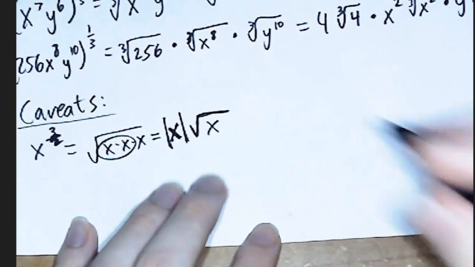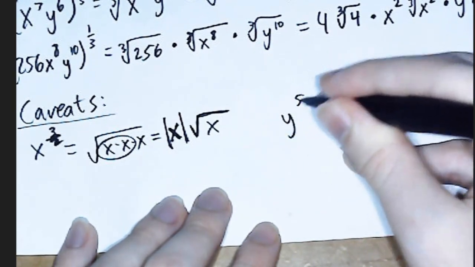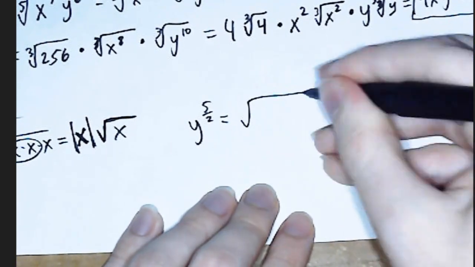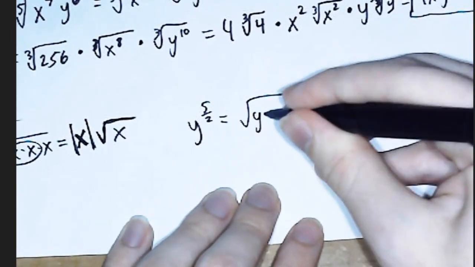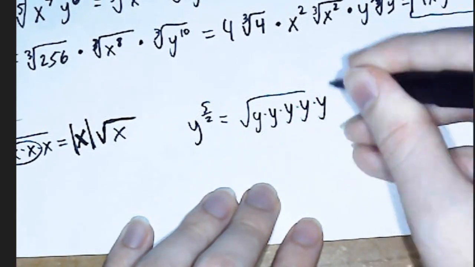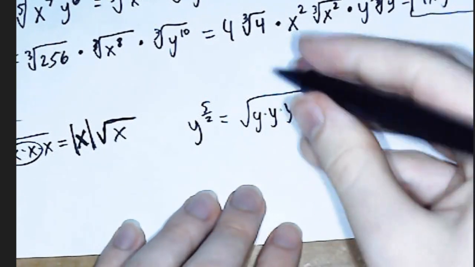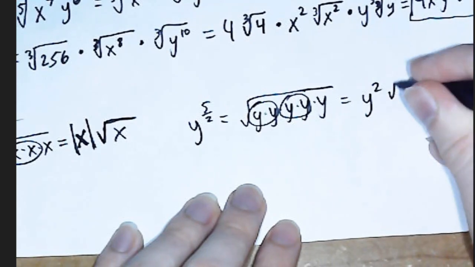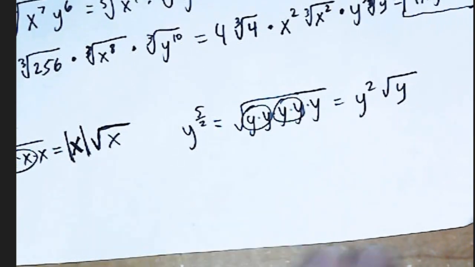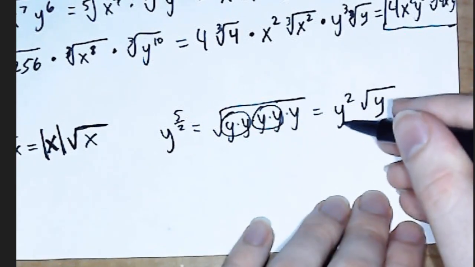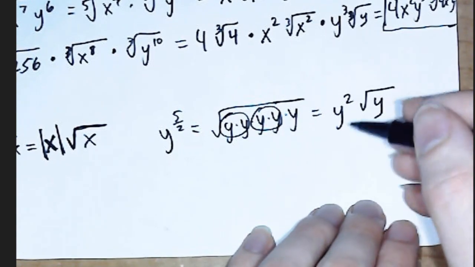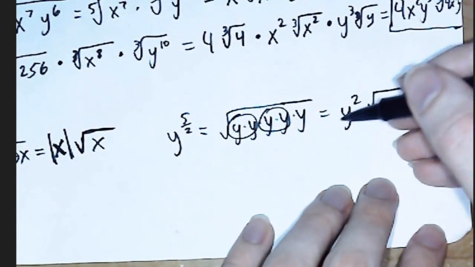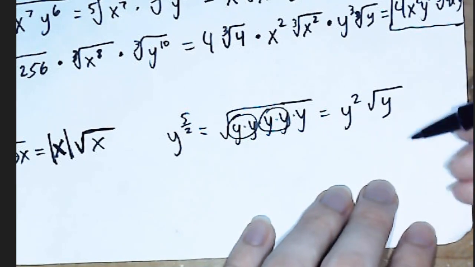Now let's look at a case where something doesn't need absolute value bars. So here we have y to the 5 halves. So here we have the square root of y to the 5th, right? And here we have 2 groups of y's that we can pull out. So that's going to give us y squared on the outside with 1 left over. Now here's the thing. Y squared, even if y is a negative number, cannot give us a negative number, because a negative times a negative will give us a positive number.